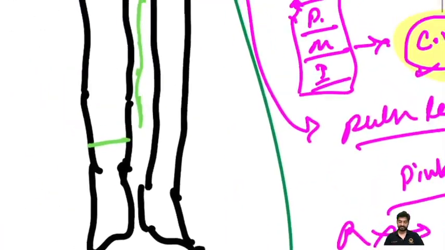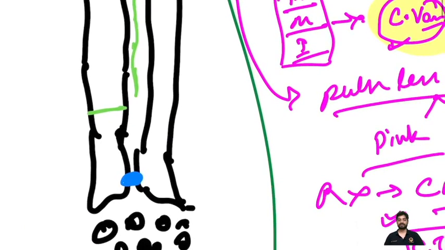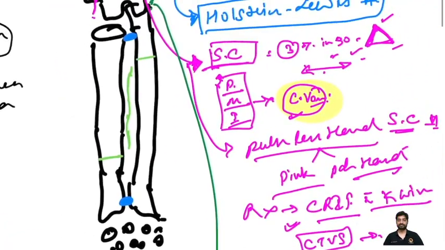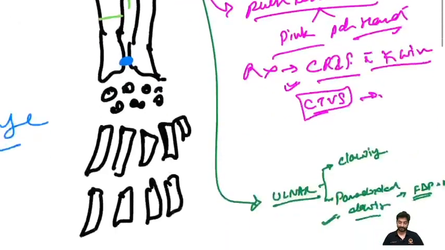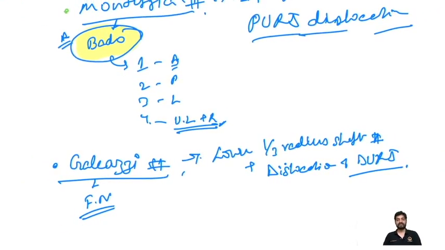As you can see in the diagram, the distal radioulnar joint gets dislocated, whereas in Monteggia the proximal radioulnar joint is dislocated. Okay, so it's known as Galeazzi fracture. Galeazzi fracture is also known as a fracture of necessity, which means you'll have to fix it. With the help of plating, we'll fix the radius shaft fracture and reduce the DRUJ.